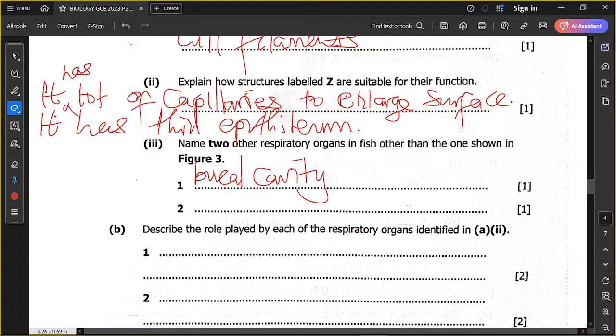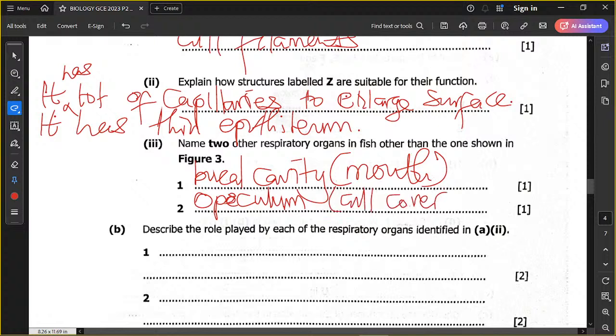Okay, so buccal cavity, which is also called the mouth. We have also the operculum, which is also known as the gill cover. All right, so that's 2. Are there other ones? That's all.